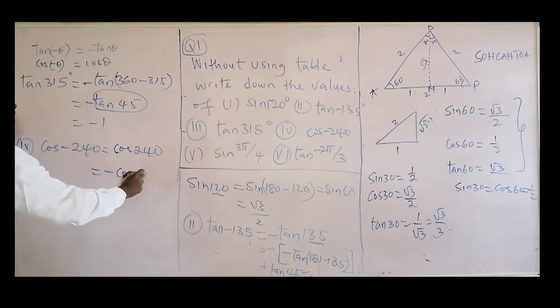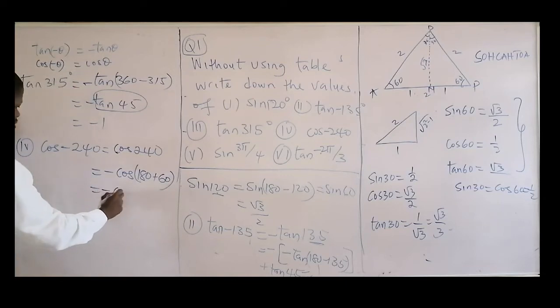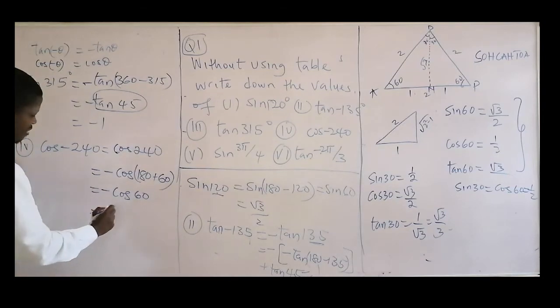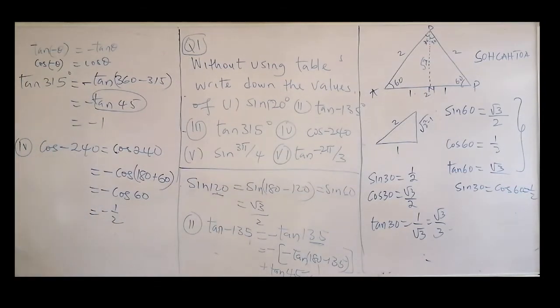In the third quadrant, we have 180 plus 60. That will be equal to minus cos 60, and cos 60 is half. That's minus half.